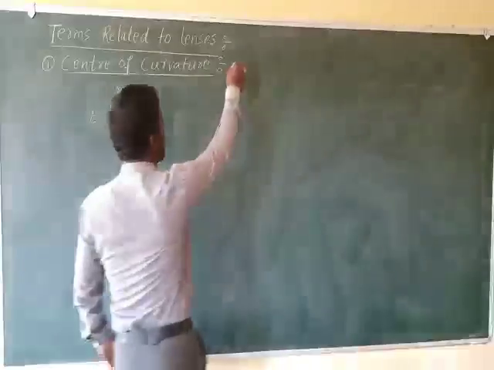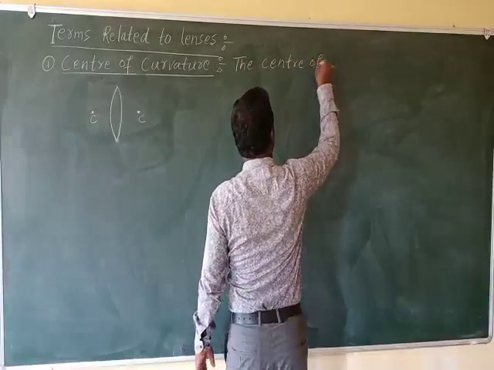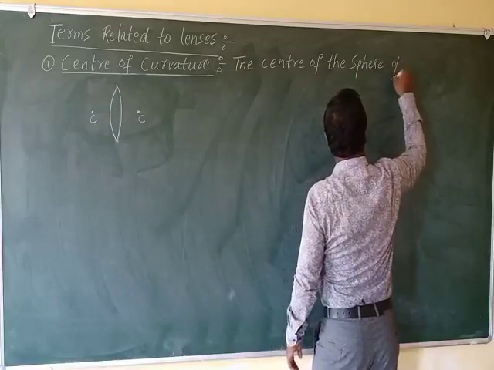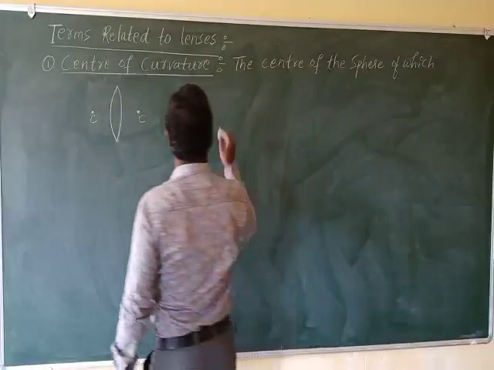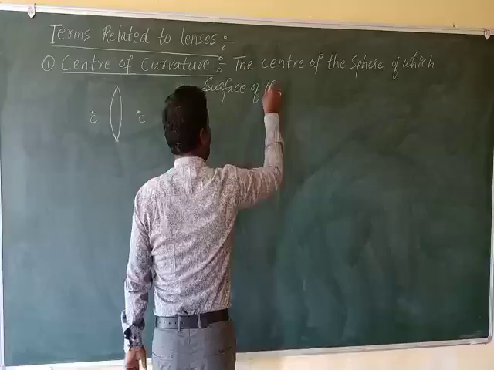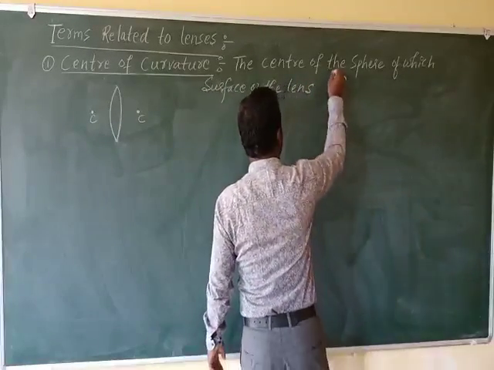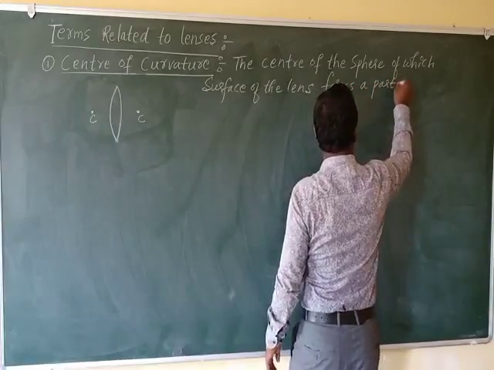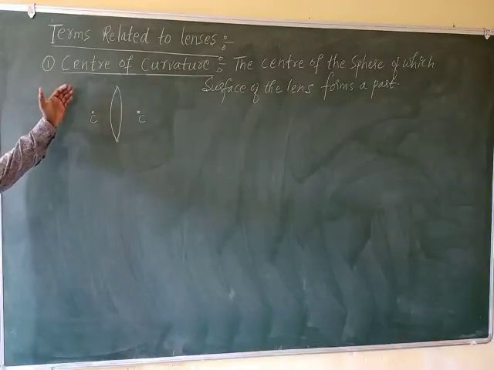The center of the sphere of which the surface of the lens forms a part is called the center of curvature of the lens.